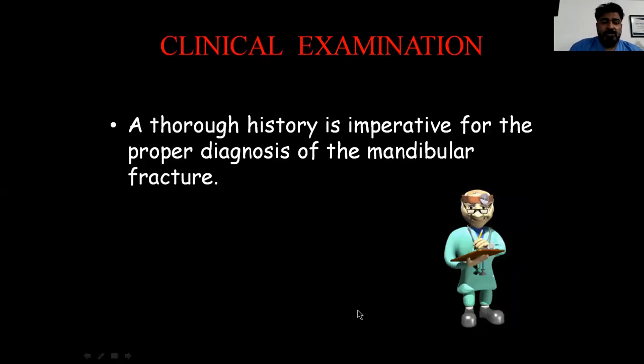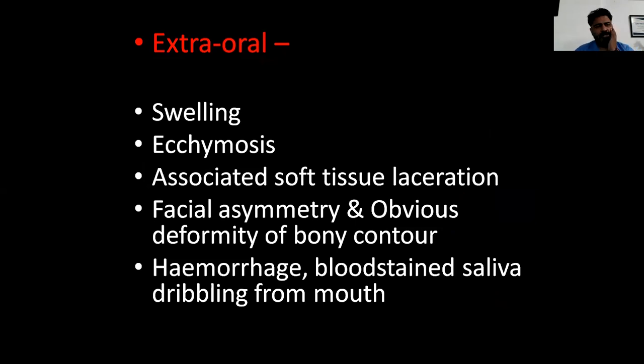In clinical examination, a thorough study is imperative for the proper diagnosis of mandibular fracture. Extraorally: swelling, ecchymosis, associated soft tissue lacerations, facial asymmetry, and obvious deformity of the bony contour, hemorrhage, blood stains, saliva, and dribbling from the mouth.